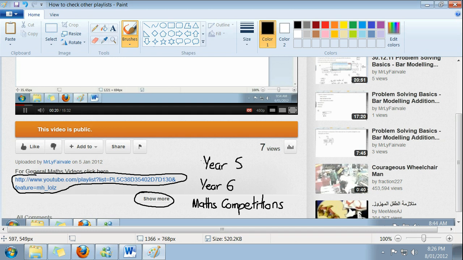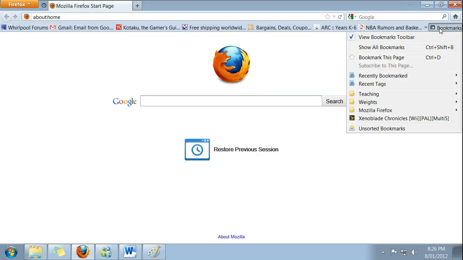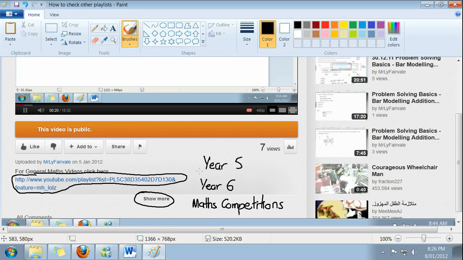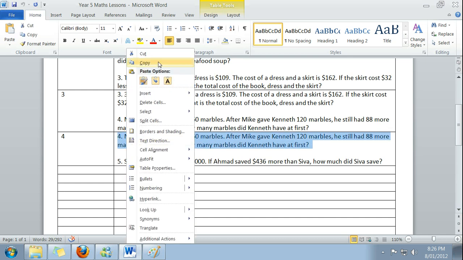Okay, bookmark means to, if I go here, if you're using Firefox, normally you go here, okay, and then you click on bookmark this page. Okay, I don't use Internet Explorer, but there should be an option. If you can't do that, what you can do is, let's pretend this problem is the link. I would highlight this, right click, and go to copy.